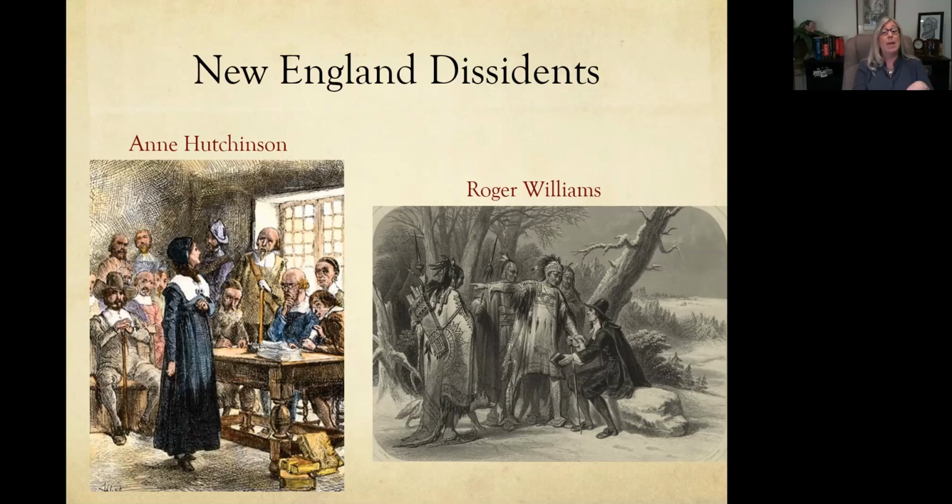And they banish her for having religious services in her home that they believe is undermining the basic foundations of the Puritan church. So she's thrown out with her husband and her kids who still live with her, because with 15 of them, some of them have already, you know, reached adulthood by that point. So she goes to Rhode Island, and she and her family will live in Rhode Island for a period of time.